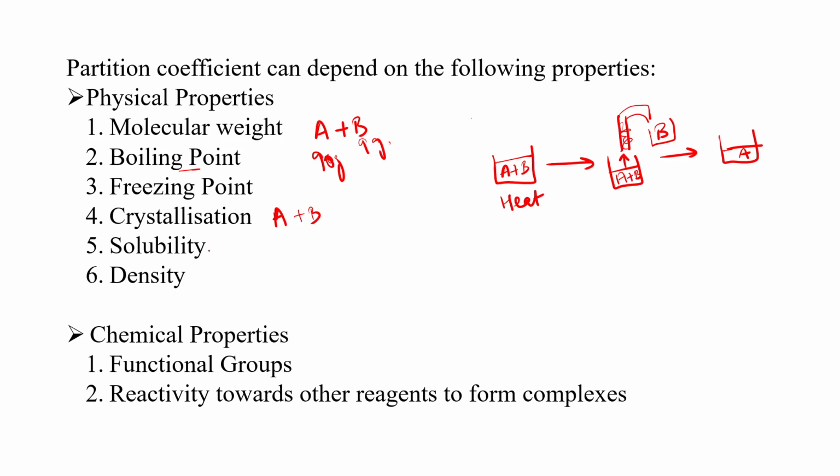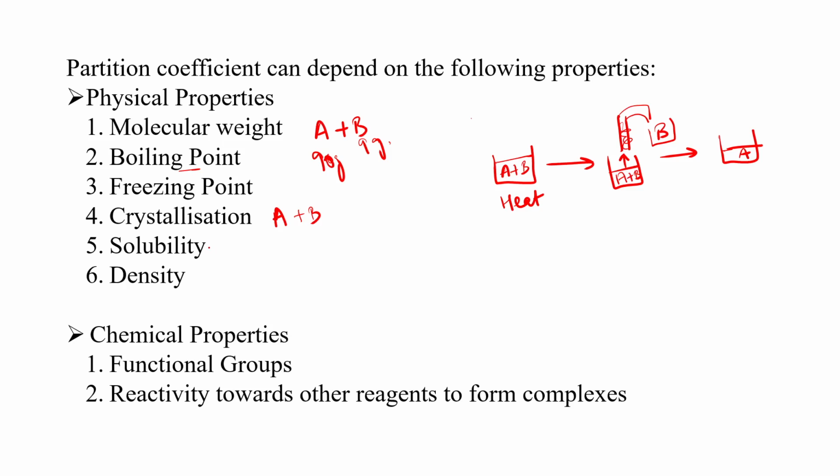Solubility, you saw the example of butanol already. We had butanol in the organic phase and aqueous phase. If I know that butanol is more soluble in some organic solvent, I can simply add the organic solvent.